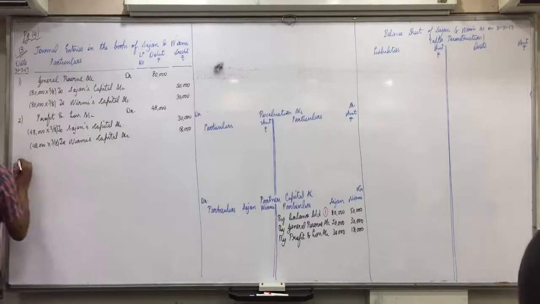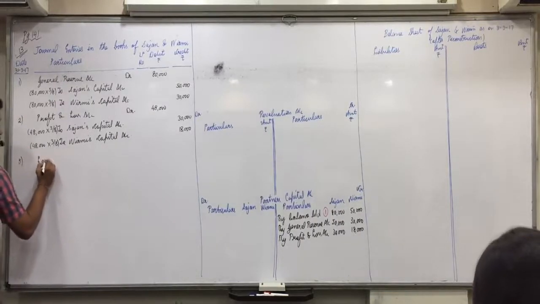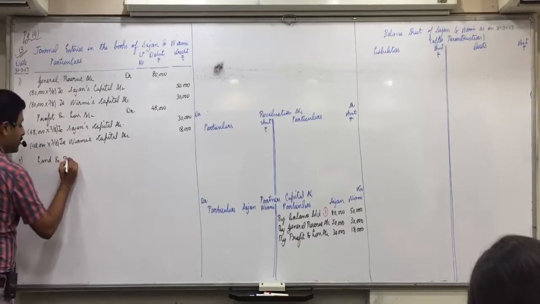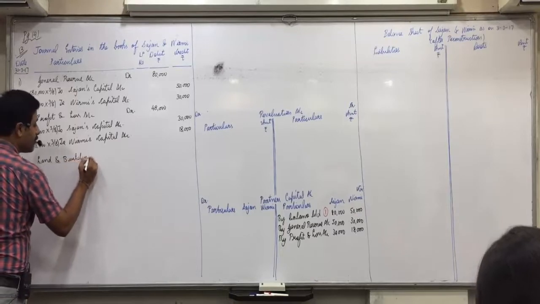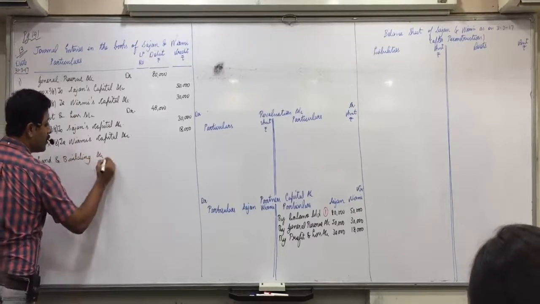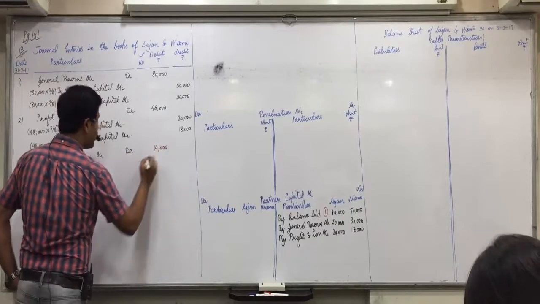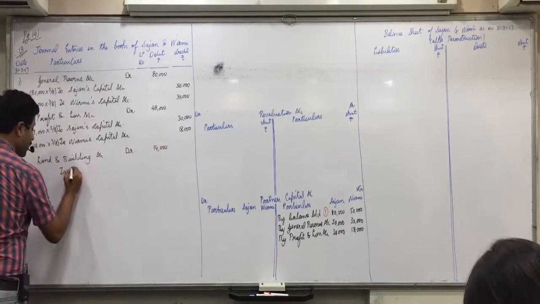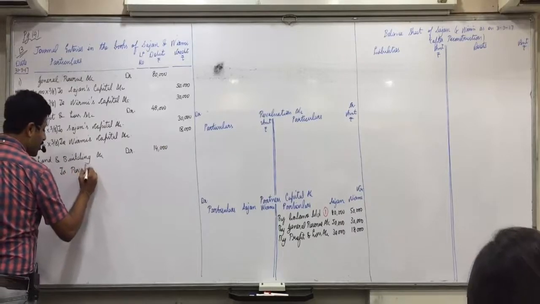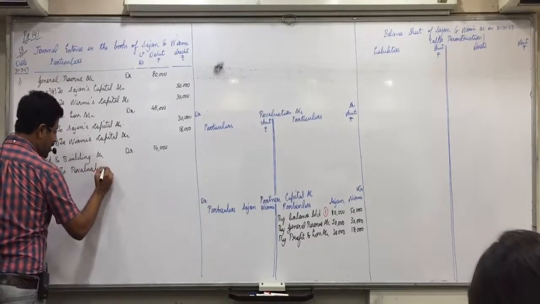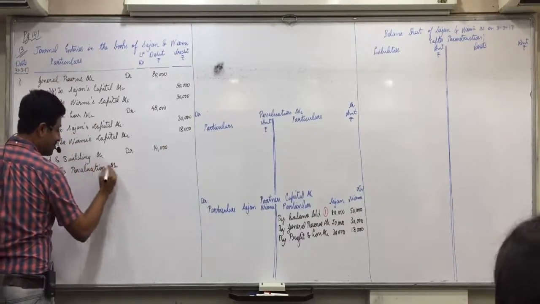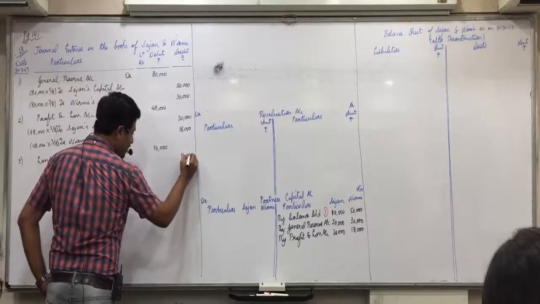So write down land and building account debit 14,000, to revaluation account 14,000.